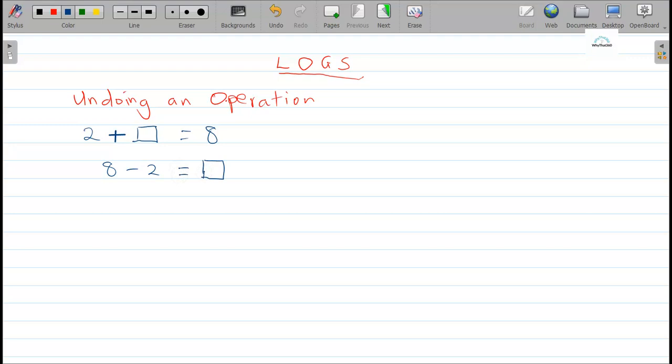So we talk of subtraction as a way of undoing addition, or addition as a way of undoing subtraction. You can also say it's a way of reversing, or the inverse. We say addition is the inverse of subtraction, or subtraction is the inverse of addition.